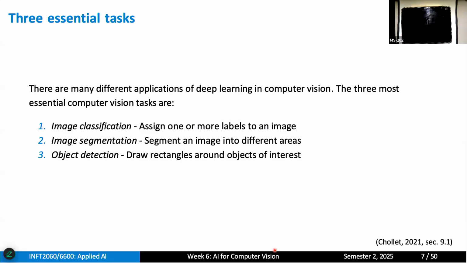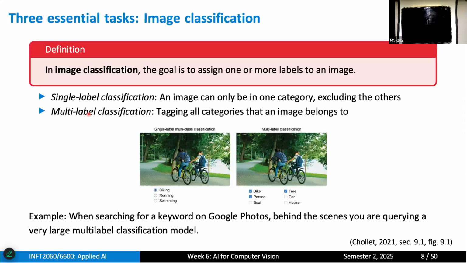Now let's talk about case studies for image classification. For example, single label classification: an image can only be in one category, excluding others. For example, biking, running, swimming. We can't say one person is biking, and at the same time running, and at the same time swimming. That's single label classification.